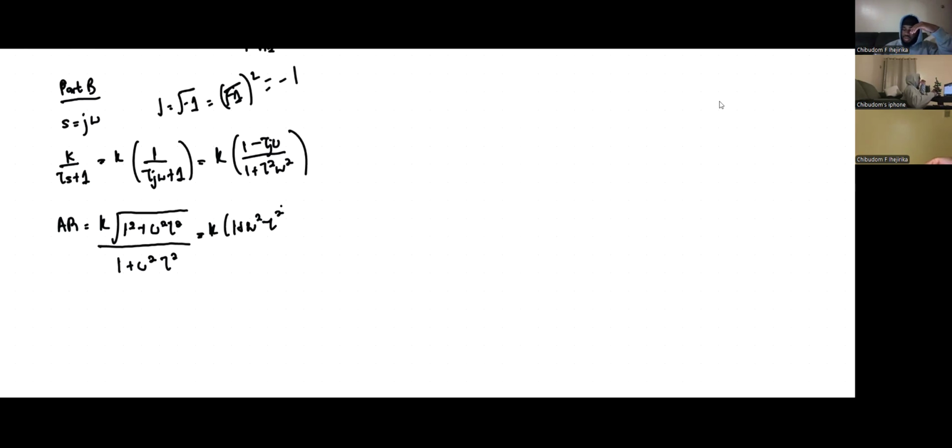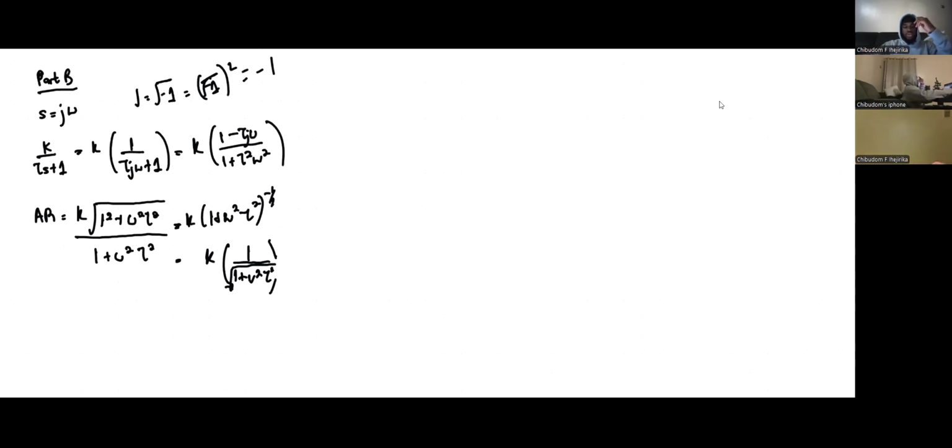So basically K multiplied by 1 over the square root of 1 plus W tau squared. That's just another way of writing it, basically the inverse of the square root.